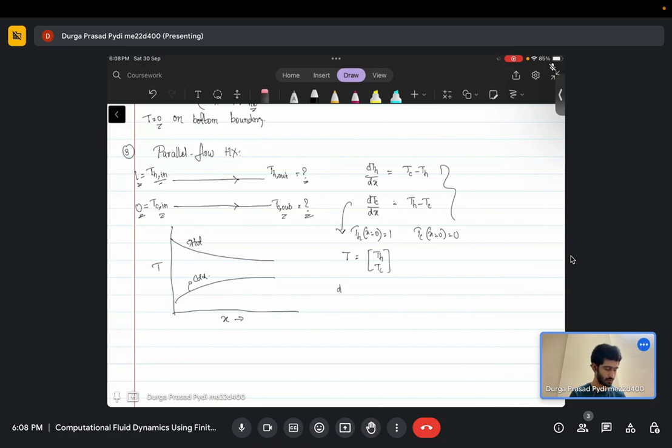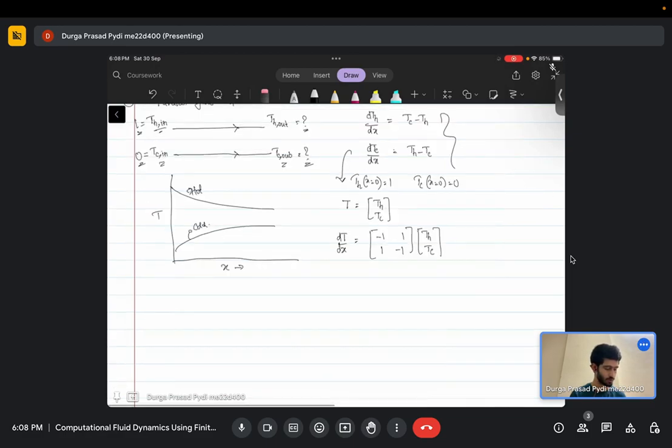Then we will write our dT/dx as some matrix, minus 1, 1, 1, minus 1 times Th, Tc. So this boils down to Tc minus Th and Th minus Tc. I'll write this as some matrix A. So this is again your standard equation, dT/dx is A times T.